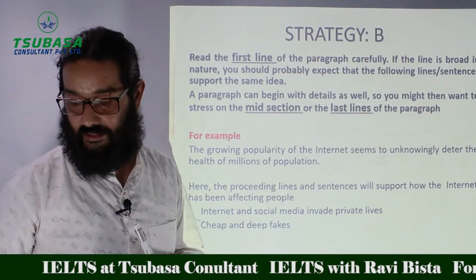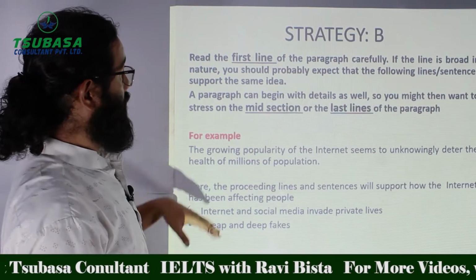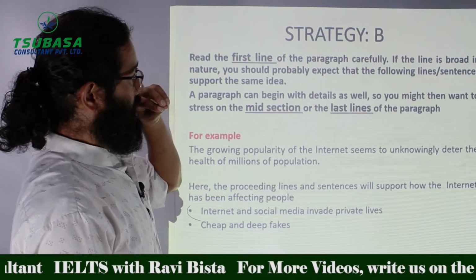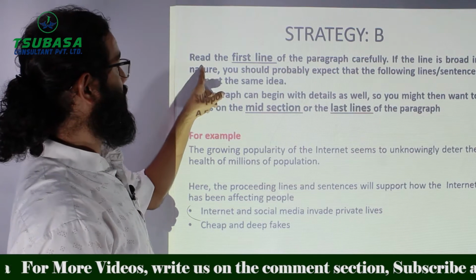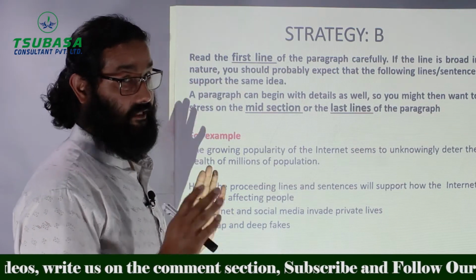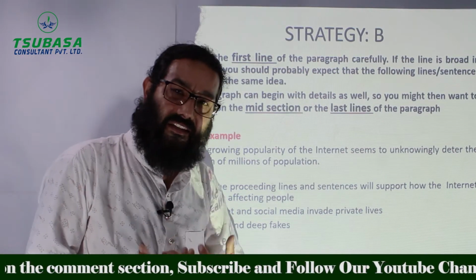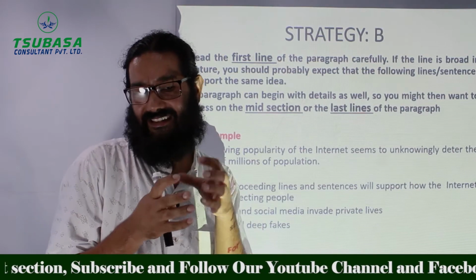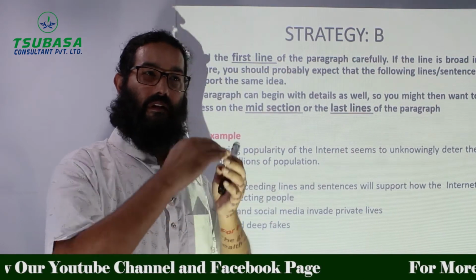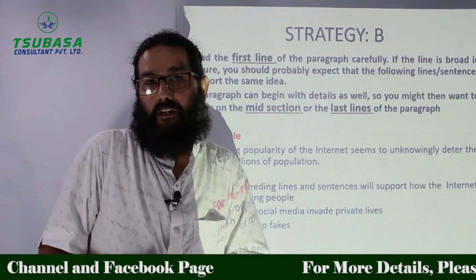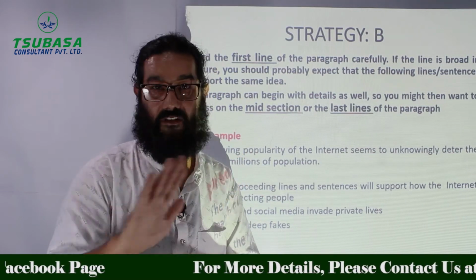Okay, now strategy B. I would say this is a very essential strategy. So read the first line of the paragraph carefully. Now, why do we need to go through the first line very carefully? Because the map of the whole paragraph is the first line, usually, not all the time.